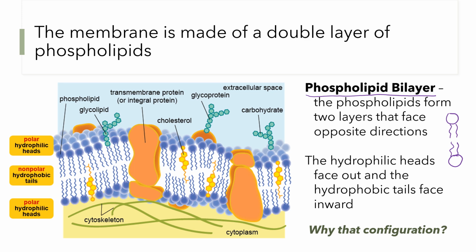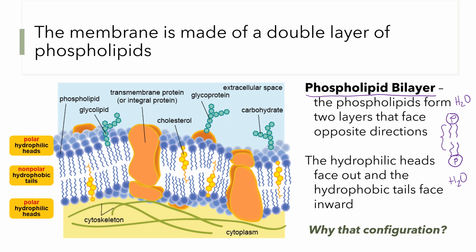This allows those polar heads, those hydrophilic phosphate heads, to face the water. So they're facing the water because they're polar, and the non-polar parts are blocked away from any water. So they stay further away and they're not interacting with it at all.